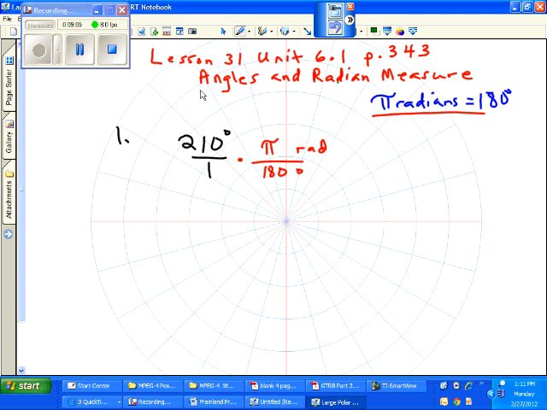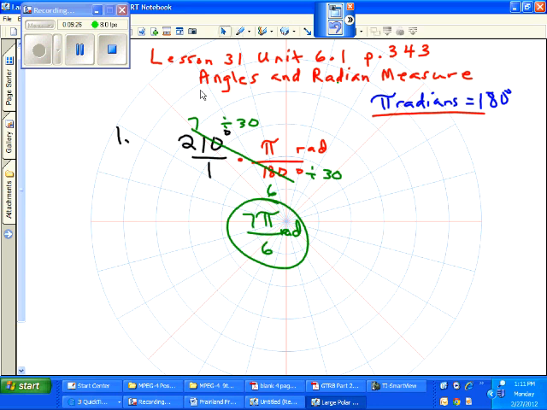What's the greatest common factor between 210 and 180? 30. So 30 goes into 210 seven times, 30 goes into 180 six times. And so we end up with 7 pi over 6 radians. So 210 degrees is 7 pi over 6 radians.